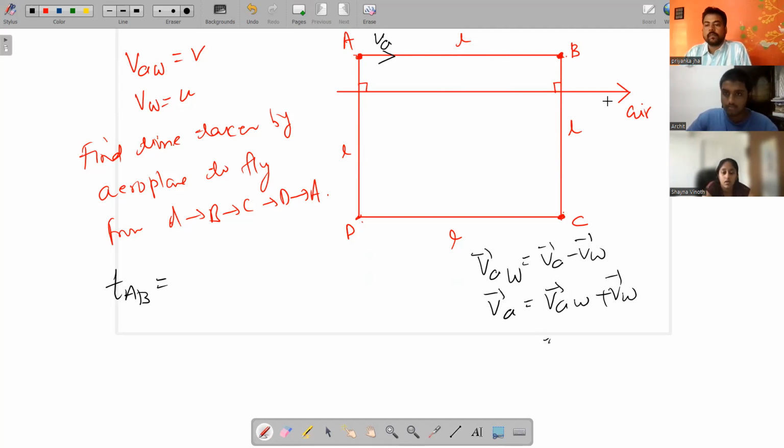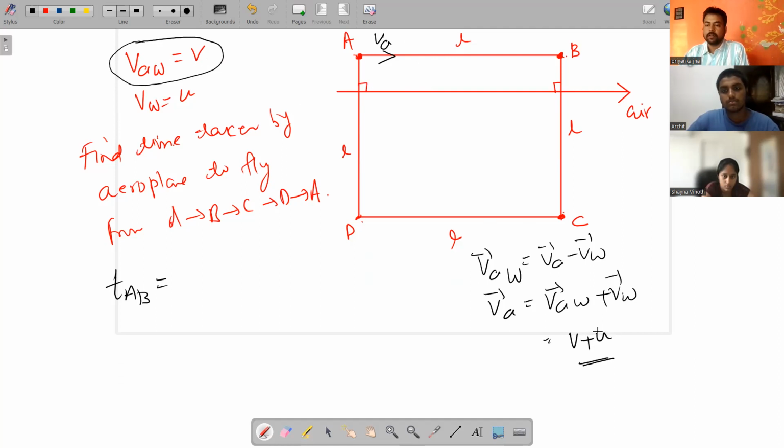But the direct velocity of the aeroplane is not given; the relative velocity is given, so we have to use this. If an object is moving in wind in the same direction, its speed adds to the wind speed. Yes, they are added, both in the same direction.